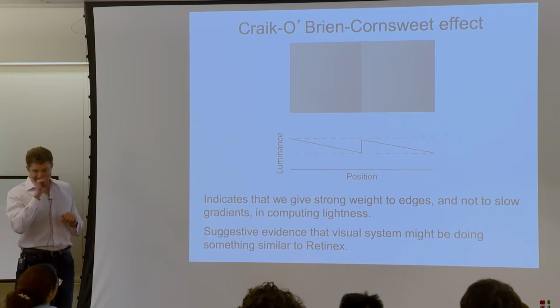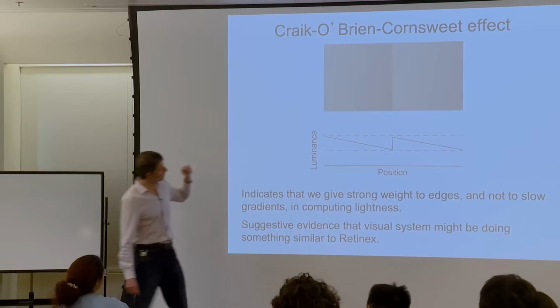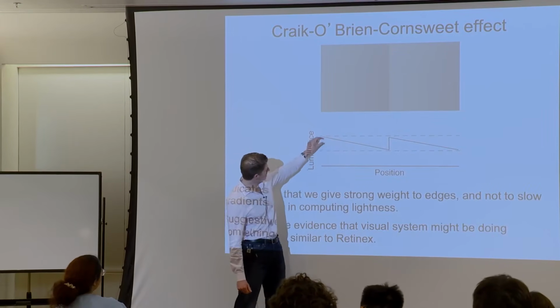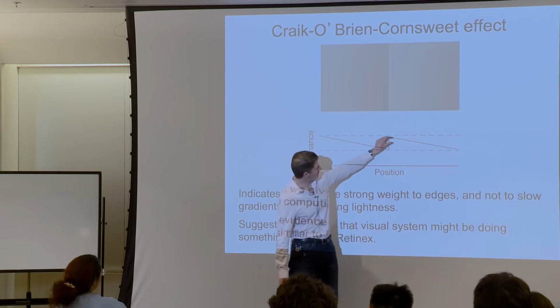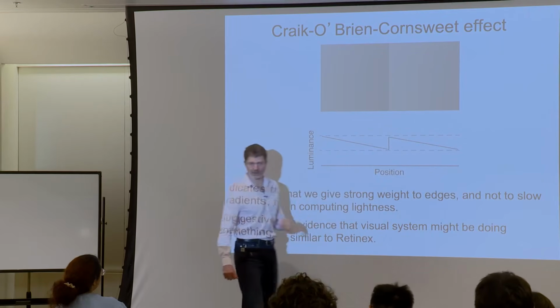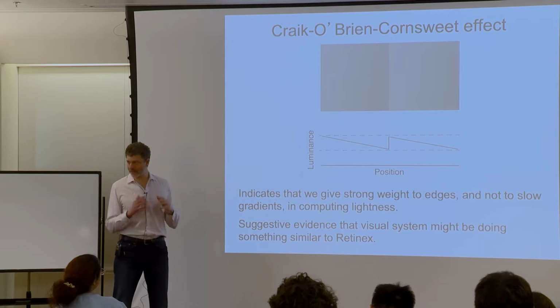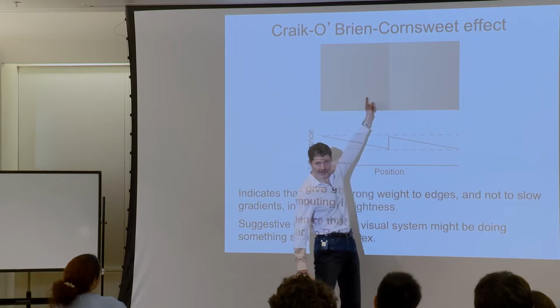All right, so let's think about this. How is this consistent with the Retinex algorithm? Well, what Retinex is going to do when it looks at this is take all these derivatives, right? And so you get small negative derivatives here, and then this big positive derivative, and then a small negative derivative. If you just assume that that one big positive derivative is due to the reflectance, and then you integrate that, it's going to tell you that this is lighter than this.